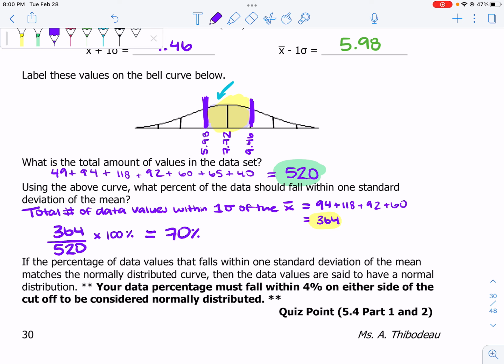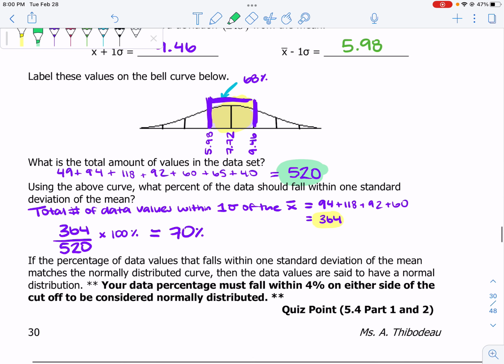Now, my end goal, remember, was to determine how much percent falls within 1 standard deviation of the mean. And if it's normally distributed, we said it has to be 68%. Well, because experimental data is never going to be perfect, we have a little bit of wiggle room. And that wiggle room is well defined.